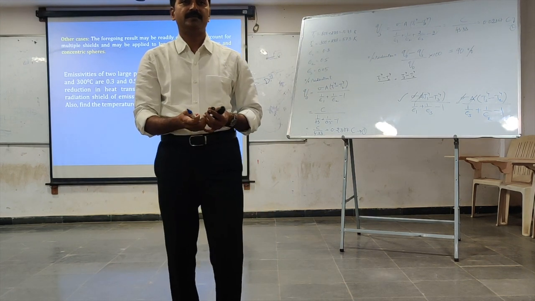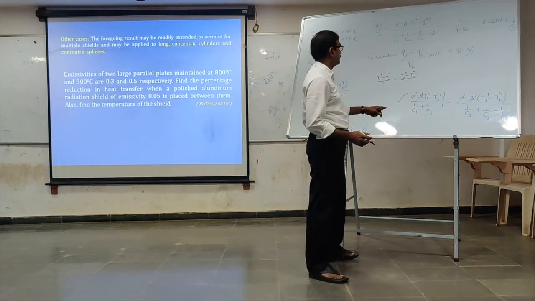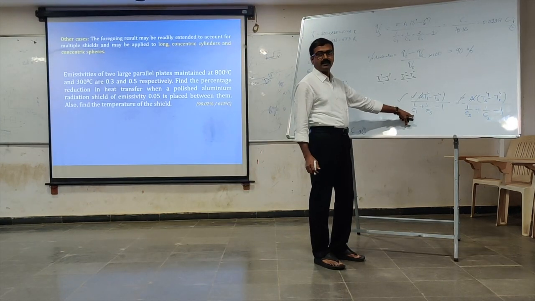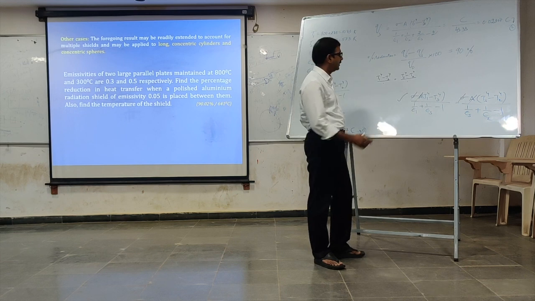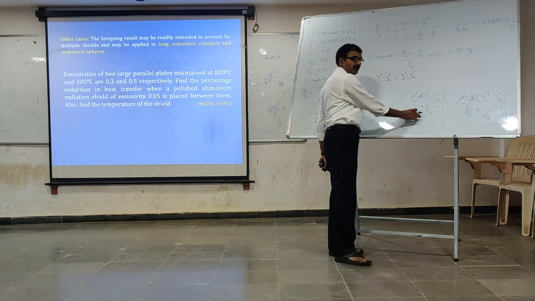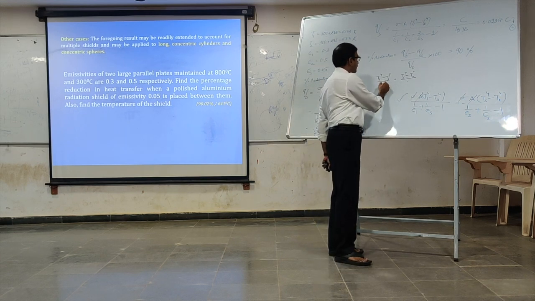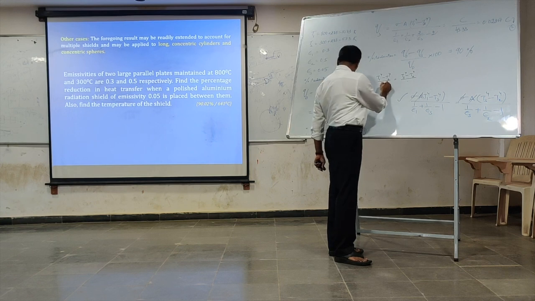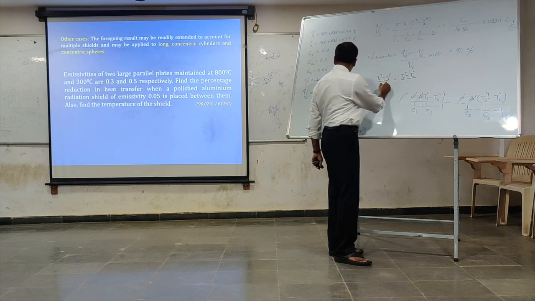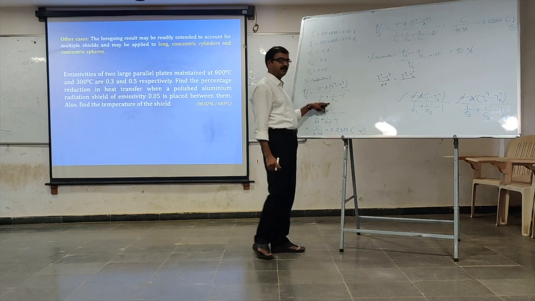What is this denominator? Resistance. 4.33. This one, 4.33. So are you taking this as it is?